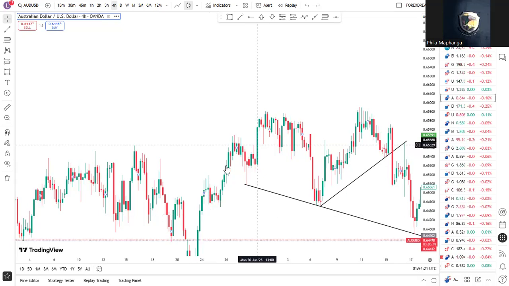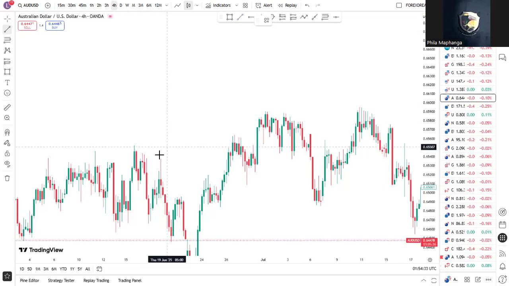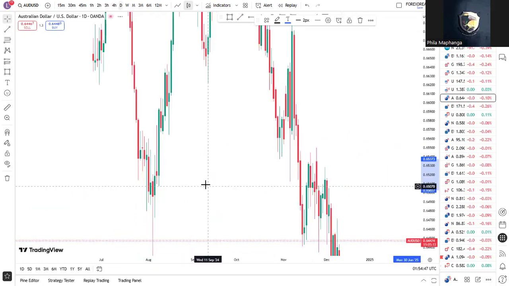So look at this again. The market was going up. As the market was going up, they came back down. Why? What was the cause for the market to come back here? Let's erase everything again. Let's add the trend line here. Okay, they did not test this as a trend line, but I assume if we go to daily, there might be a continuation pattern there.